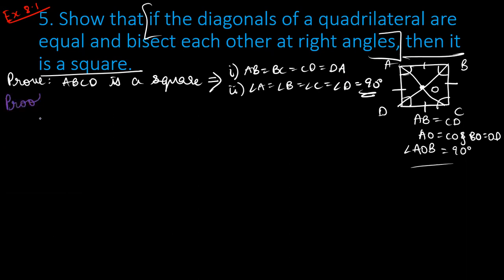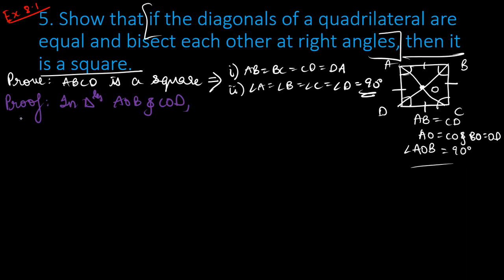For proof, firstly I'm going to take two triangles. In triangles AOB and COD, I'm going to prove that these two are congruent and say that the opposite sides are equal by CPCT. So let's see how to prove that these two are congruent to each other.